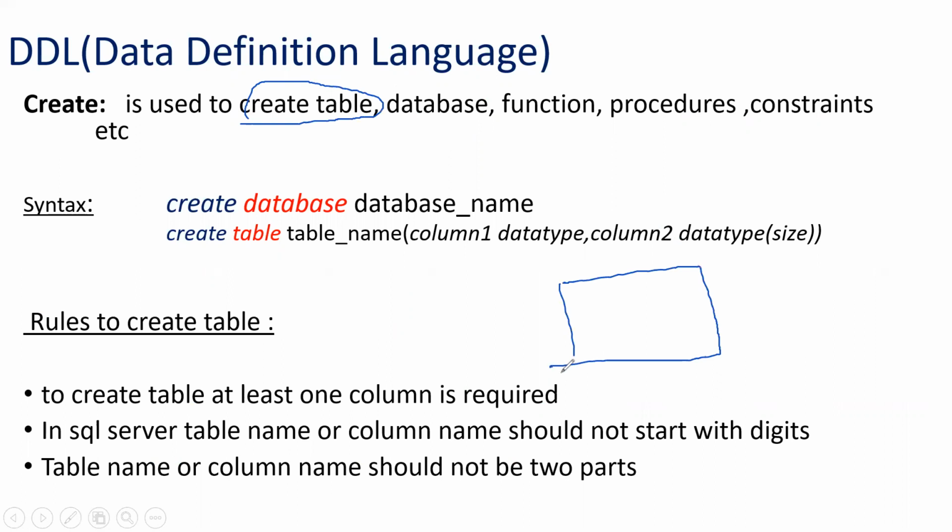What are the things available in a table? Of course, we have columns and we have rows. These are available. For example, serial number, roll number, student name, all those things. And we can create a database also.